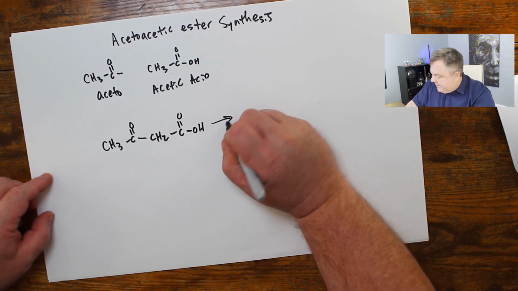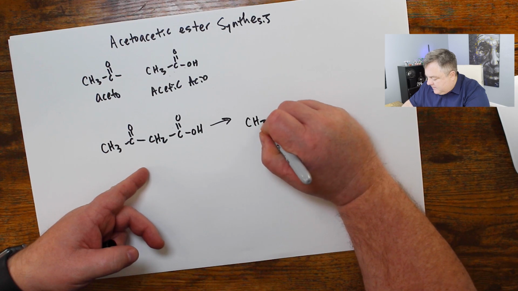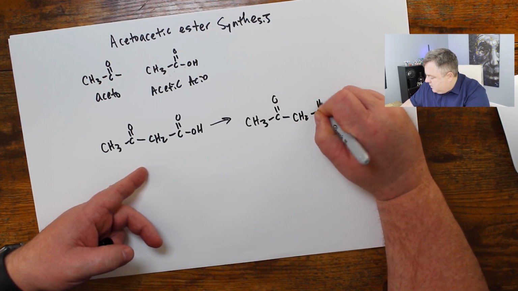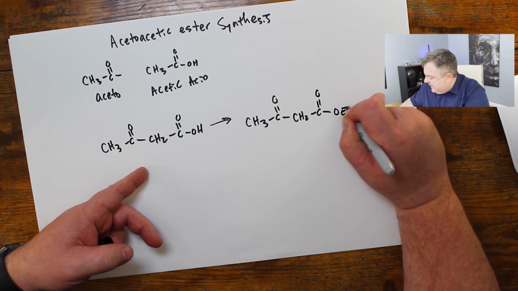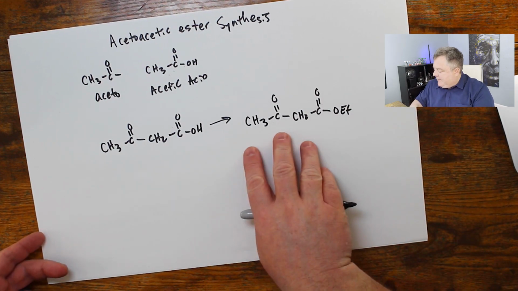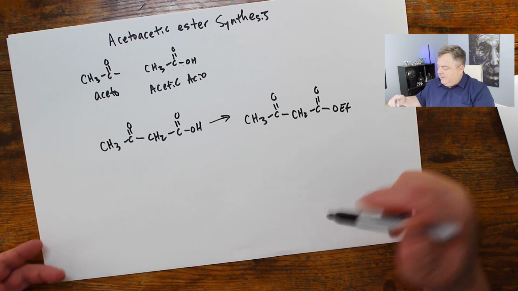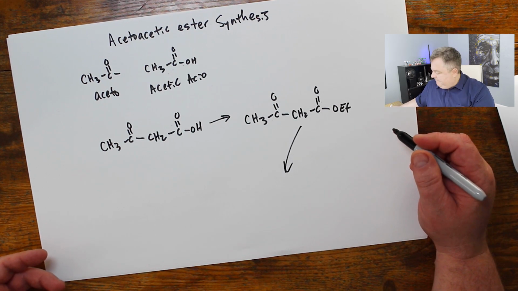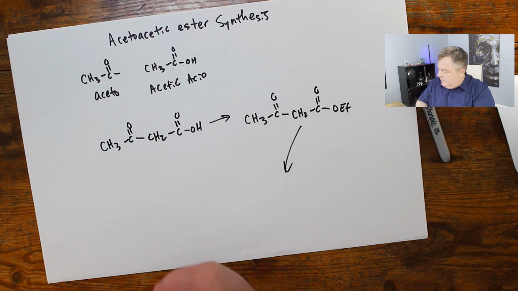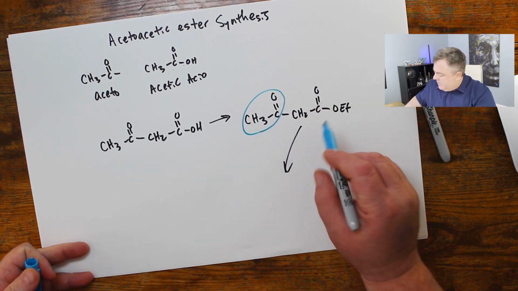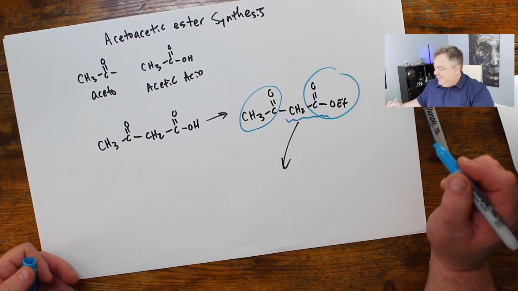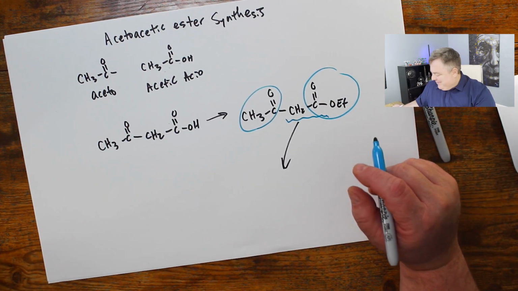And the ester of this carboxylic acid, acetoacetic ester. So acetoacetic ester synthesis means we're just going to use that to make some new things. That's where the name comes from.